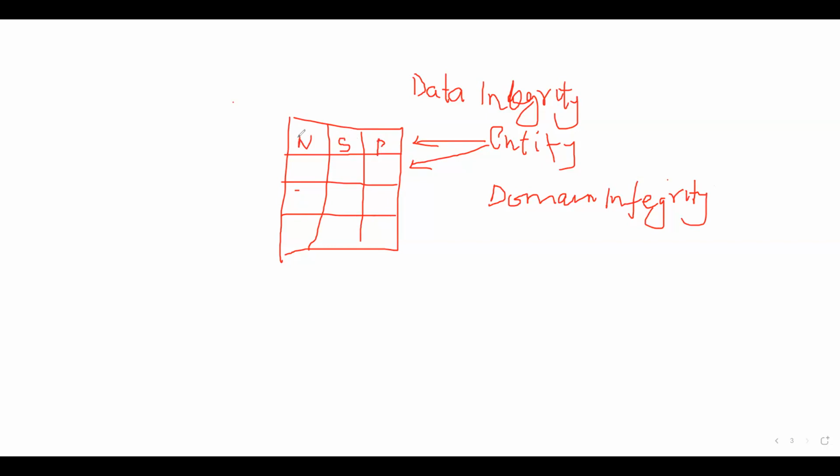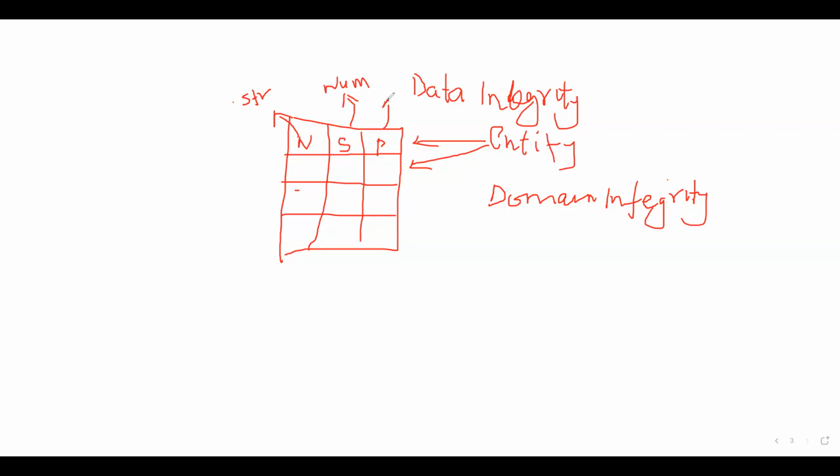Name means you can only put text data, which we call string. Salary means you can only put numerical data. It could be floating data, which means a number with decimal, or it could be an integer without decimal. So salary has to be a number, and not just any number, a money-related number.